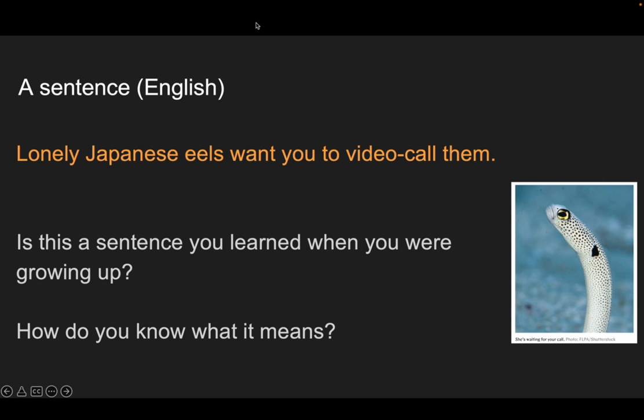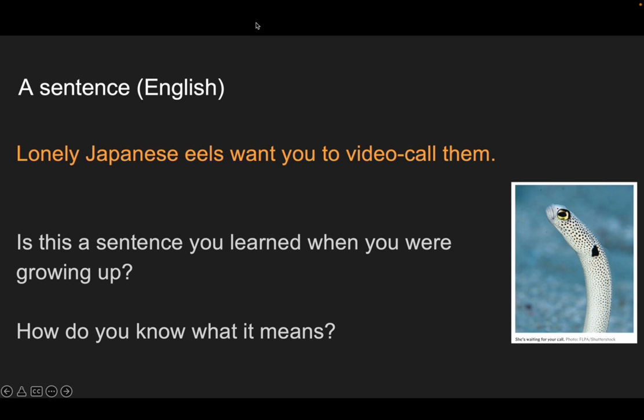Now, one of the first things that linguists will point out about sentences in languages you speak is that you don't need to have heard the sentence before. You don't need anybody to have taught you specifically what the sentence is trying to say. If you speak the language, and if the sentence is grammatical in the language, you will be able to understand its meaning.